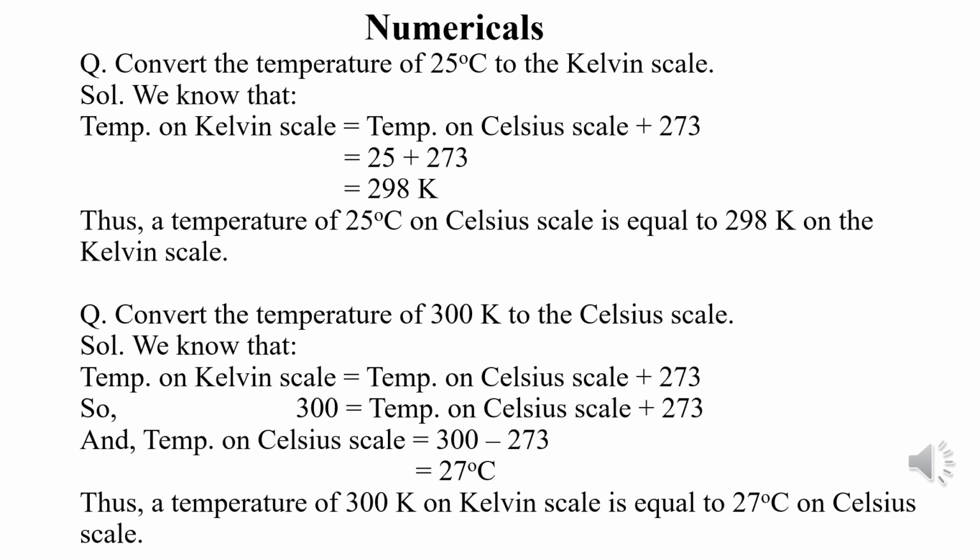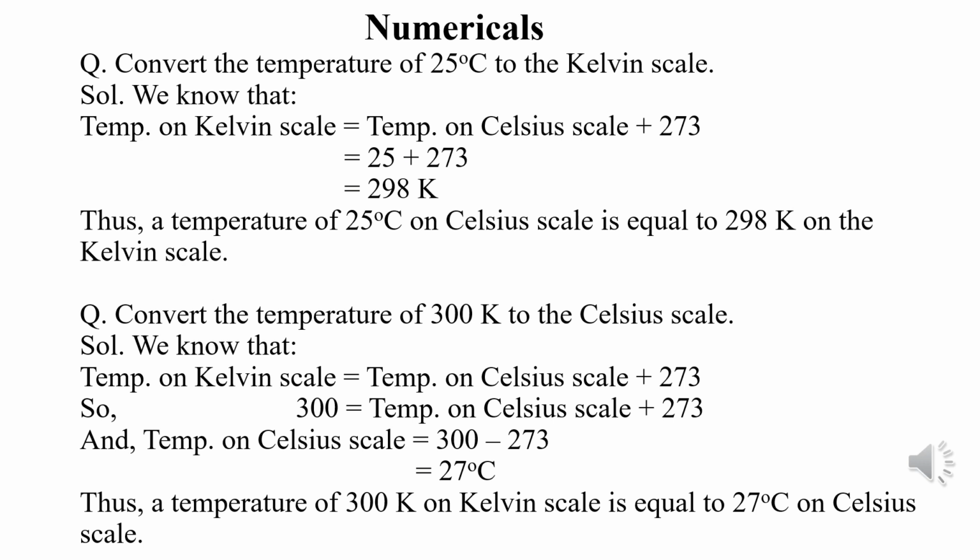The temperature on the Kelvin scale is equal to the temperature on Celsius scale plus 273. So in the first numerical, you all can see that we are converting the degree Celsius to the Kelvin scale. So we just simply need to add 273 to the degree Celsius temperature in order to get the Kelvin scale temperature.